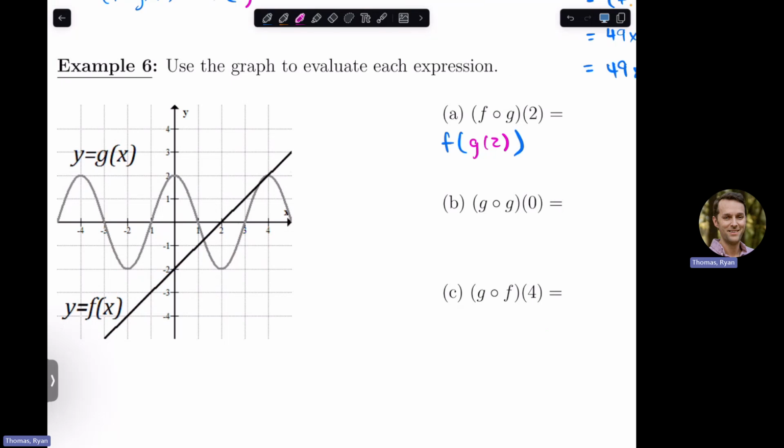Okay, f of g for x equals 2. What's g of 2? Find 2, find g. g of 2 is the y value that goes with it, which is negative 2. Okay, then what? Now you find what x value?